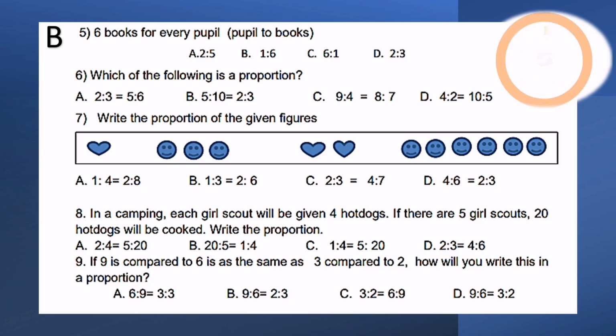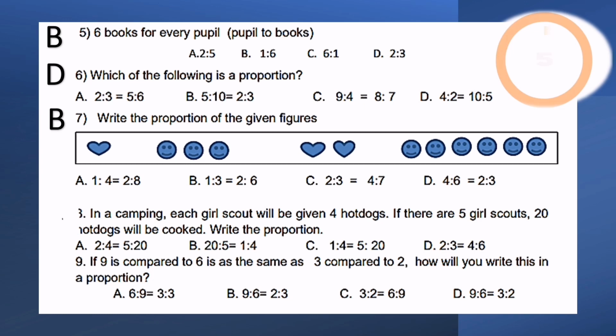And the answer in number 6 is letter D, 4:2 is equal to 10:5. Number 7, write the proportion of the given figures. Timer starts now. And the answer is letter B, 1:3 is equal to 2:6.